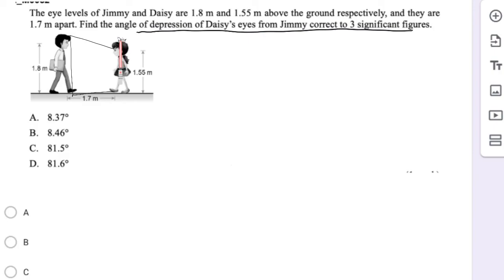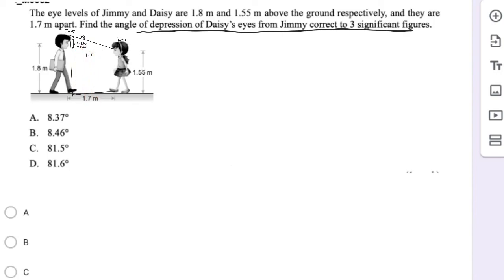While for Jimmy, will be here. And you're going to find out this angle. So how to find it? You know it. These two, they are the same. So here 1.7, and this one will be 1.8 minus 1.55, which will give you 0.25.